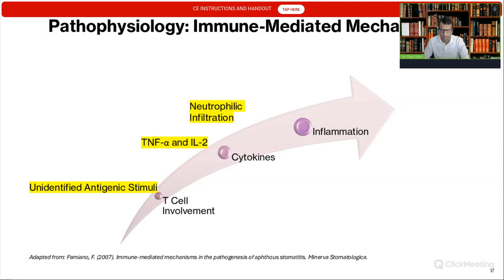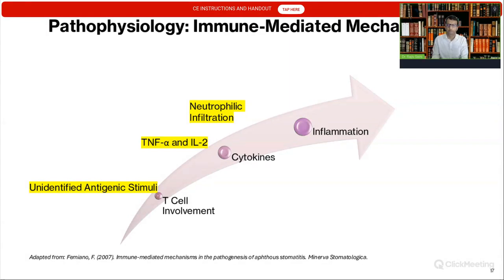Studies detected and characterized T helper type 1 cells, which include pro-inflammatory cytokines interleukin 2, interleukin 12, tumor necrosis factor, and so on. Also T helper type 2 cells, which include interleukin 4, interleukin 5, 6, and interleukin 10.